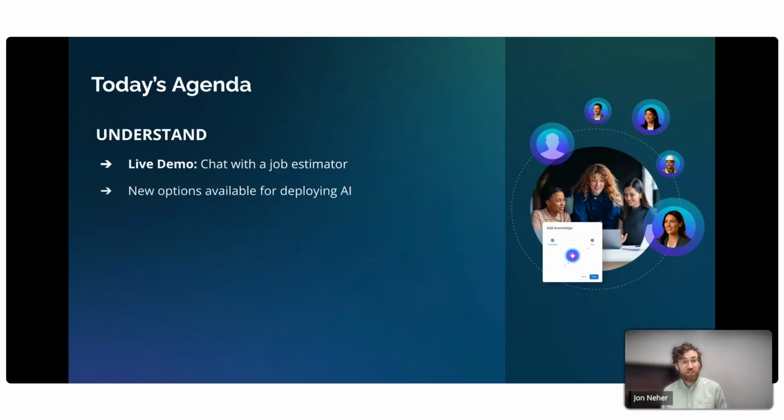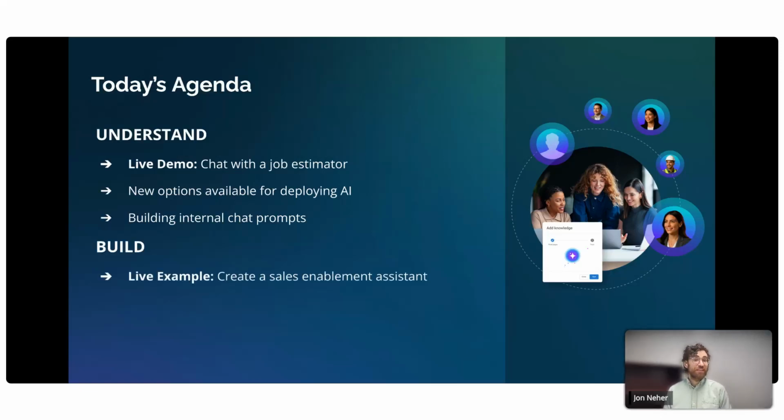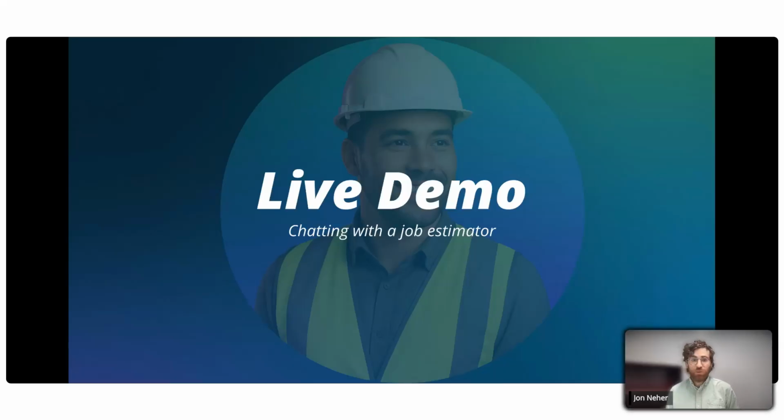We're going to see all of the different new options available for deploying and working with AI on websites and other forms. And we're going to look at how you can build internal chat prompts. Then we're going to take some time to create a sales enablement assistant, which I think most people are going to be able to make use of in their workflows right away. So without further ado, let's have a live demo of chatting with a job estimator.